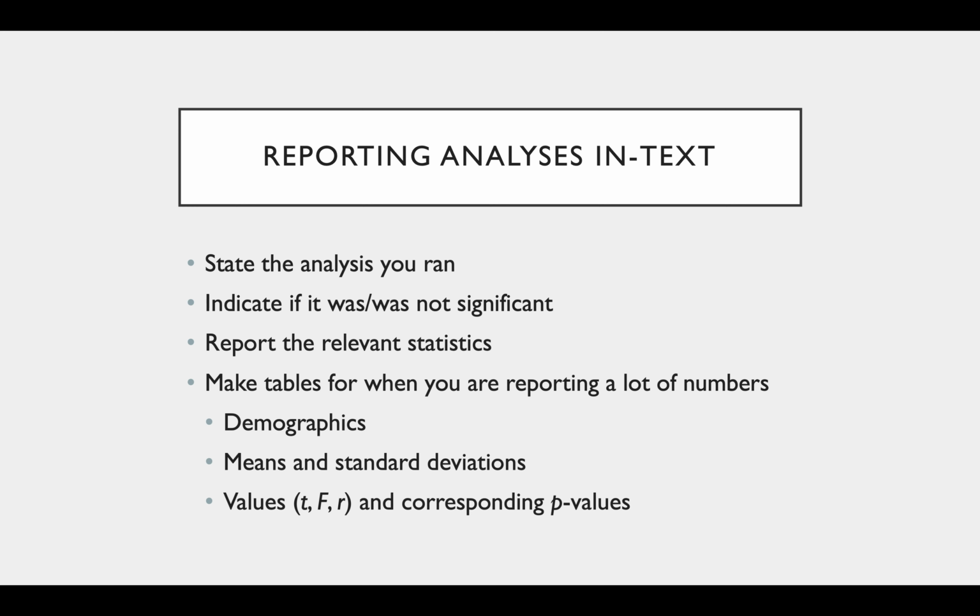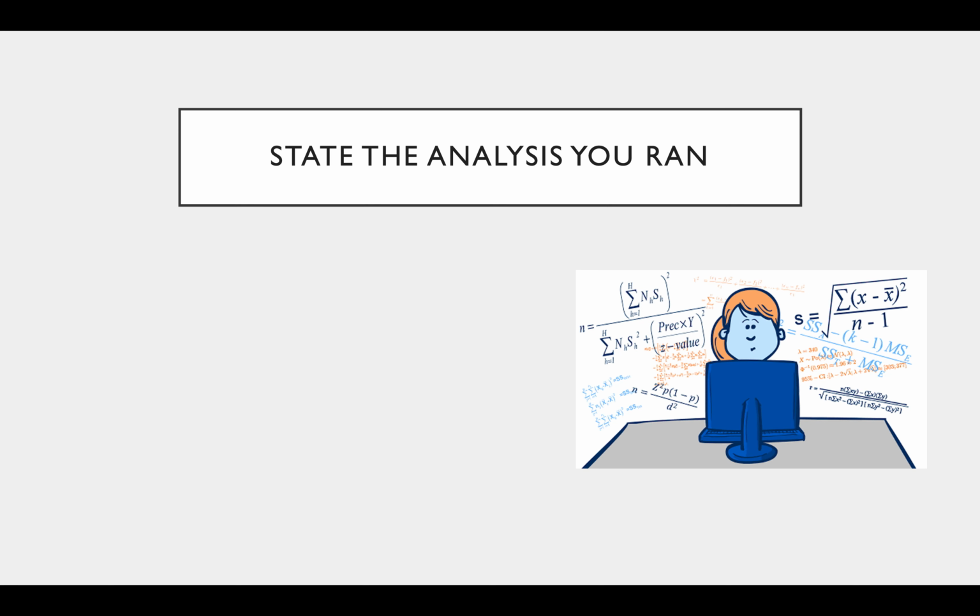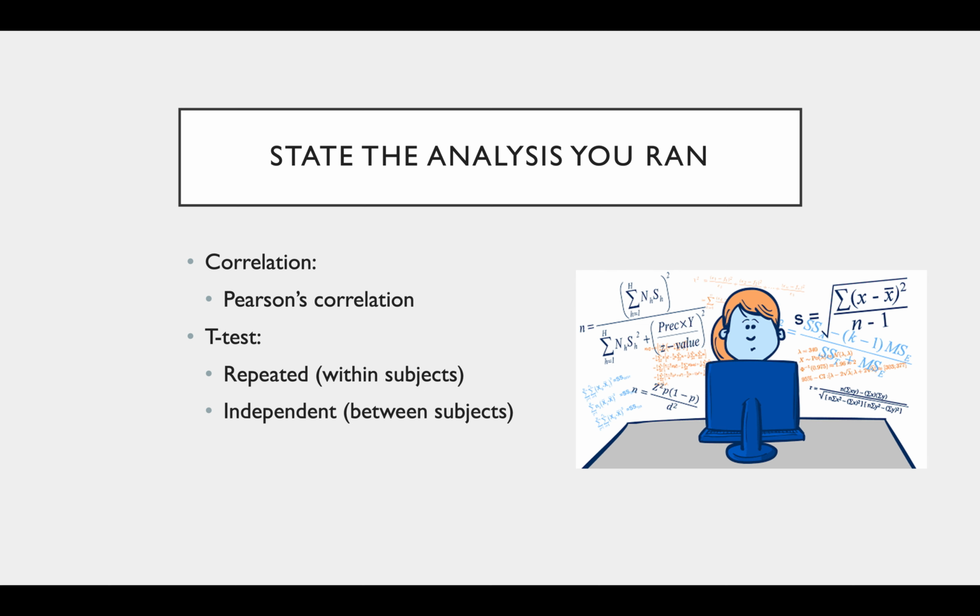Okay, so let's go through all of these things one by one. So, talking about stating the analyses that you ran. Of course, if you're doing a correlation, you're going to say that you did a Pearson's correlation because that's the kind that we're talking about. If you did a t-test, you're going to specify whether it was a repeated measures or within subjects t-test, or an independent t-test that was between subjects.